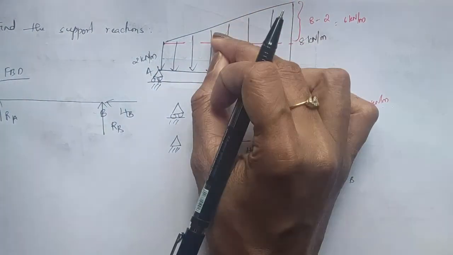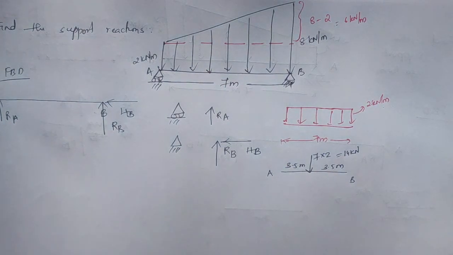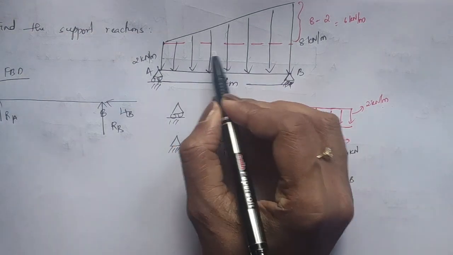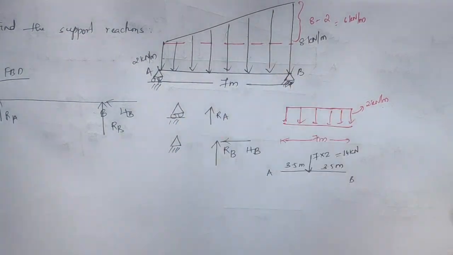Similarly, you have a UVL here which you need to convert into a point load. How many point loads will there be when you have a trapezoidal load? You will have 2 point loads, one because of the UDL and one because of the UVL.